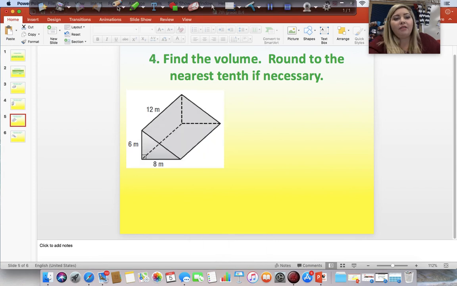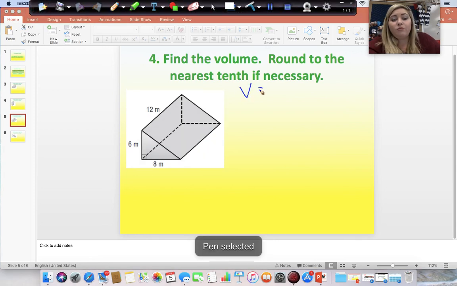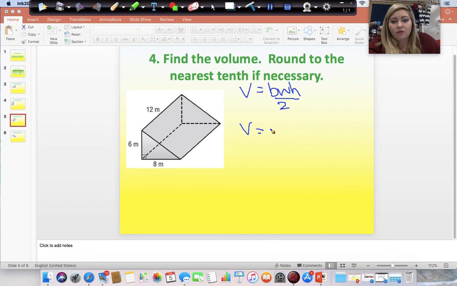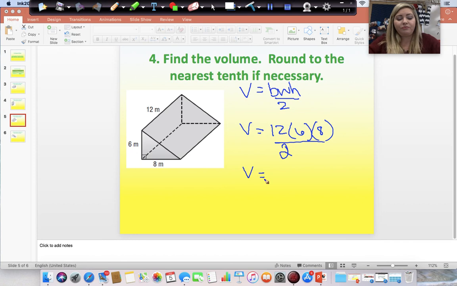Okay, so now we've got the volume of a triangular prism. So base times width times height divided by 2. So our base, width, and height is 12 times 6 times 8, all divided by 2. So 12 times 6 times 8 is 576.